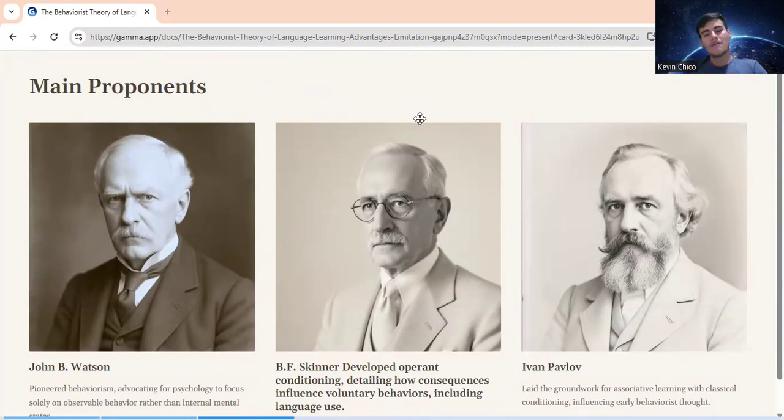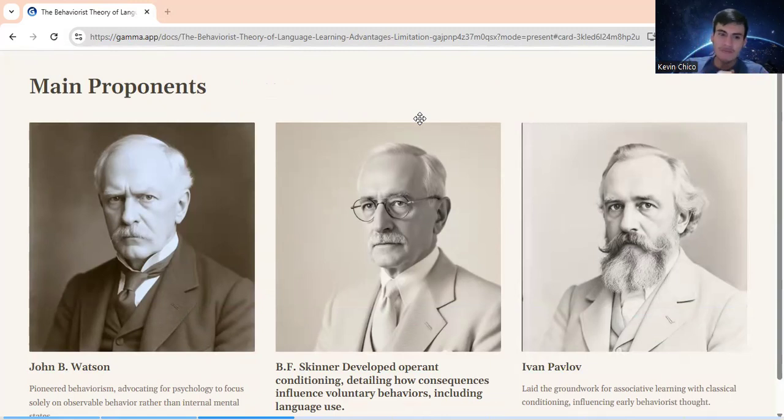The most important proponents or pioneers of this theory are John B. Watson, B. F. Skinner, and Ivan Pavlov. John B. Watson, why?